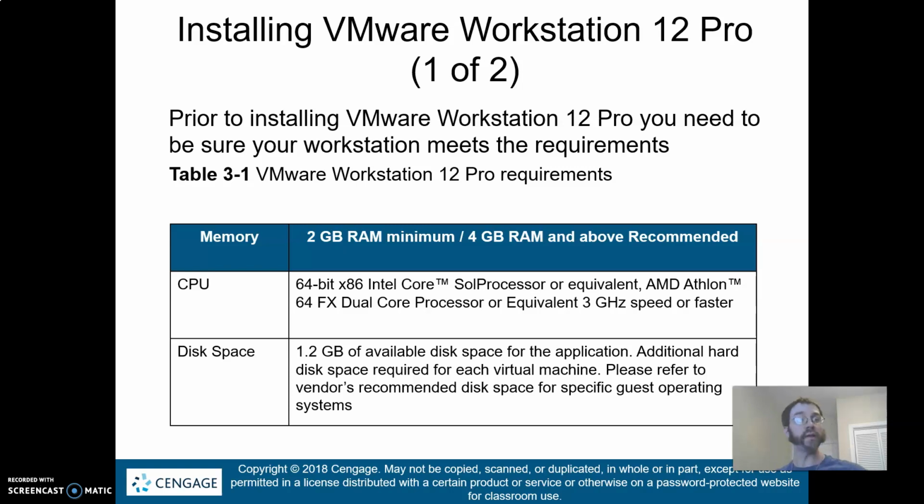Now, some of this will depend on how many cores you have. If you're dealing with a Core i5, Core i7, or Core i9, having each of those dies running a little bit slower will not hurt you all that much. You're going to need about a gig of space for the application itself.